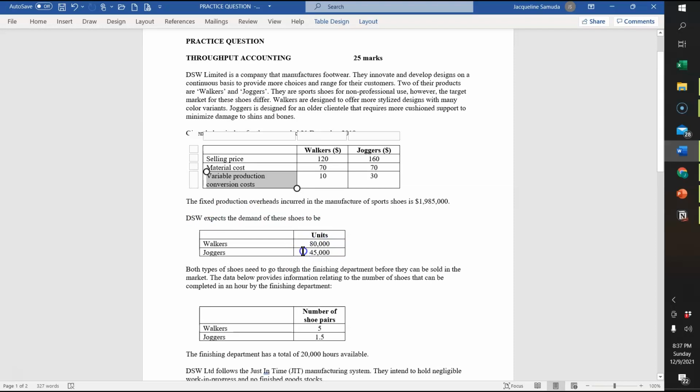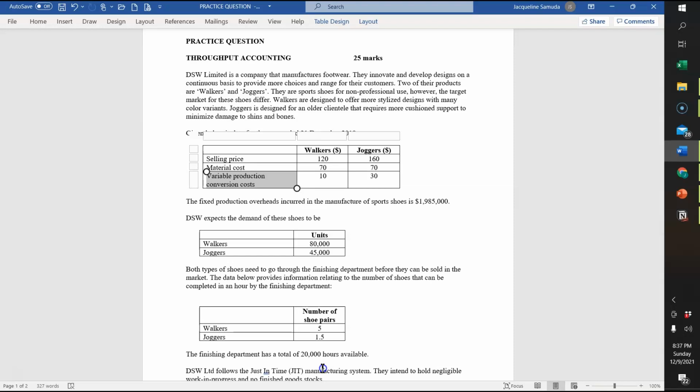It's going to be all of walkers and some joggers, or all joggers and some walkers, depending on how these two products draw on or consume the finishing department's hours. So these are the hours of great importance in calculating our TPAR.